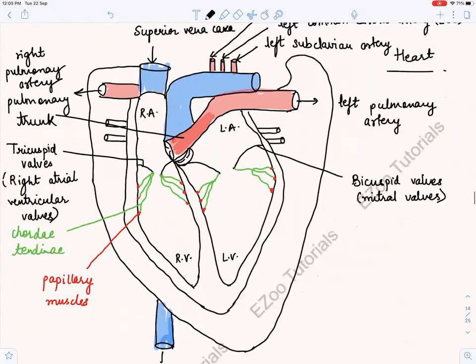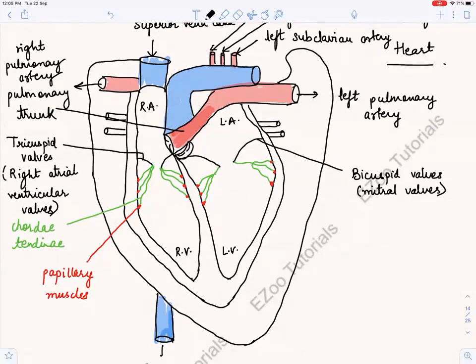Now, what are these two small valves that we have drawn? Let us see something about them also. I'll just write the short form here. This is the aortic semilunar valve, and this is known as the pulmonary semilunar valve.